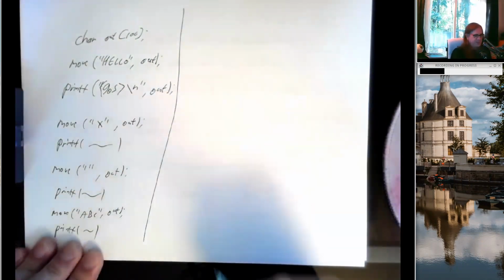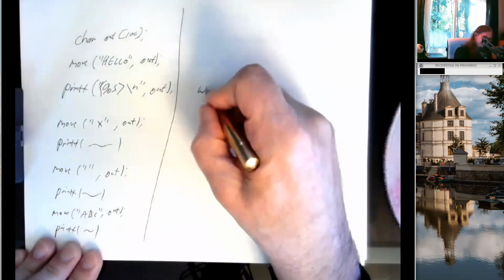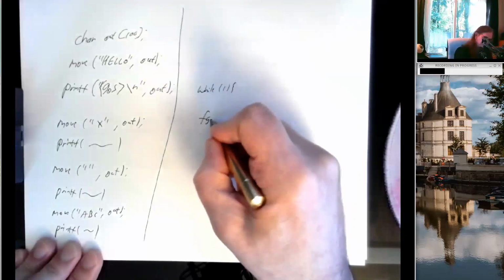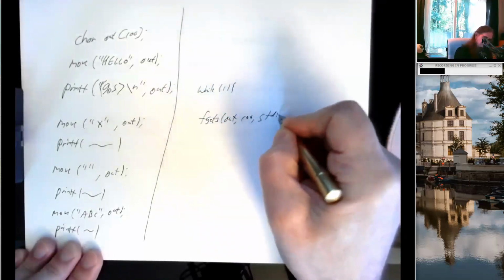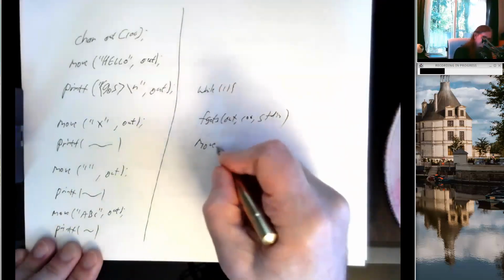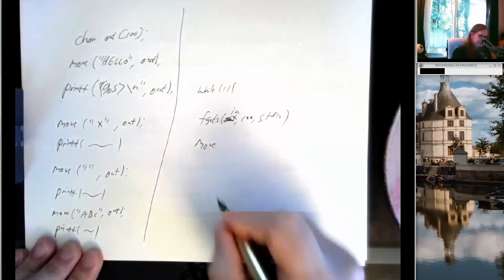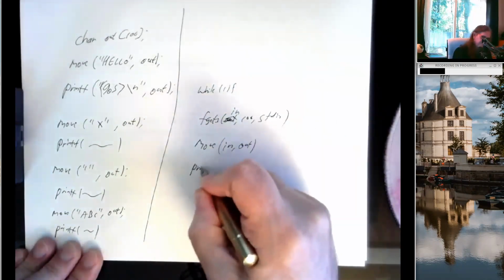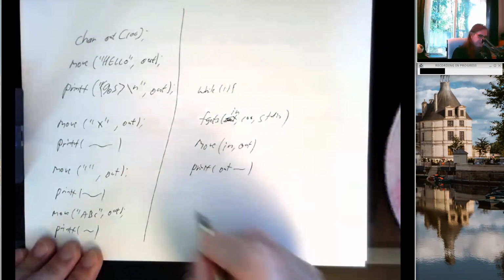Alternatively, I could make a loop that says, while one, call fgets to read in a line, save it in some other string like in, and then call my move function, and then print out my output.